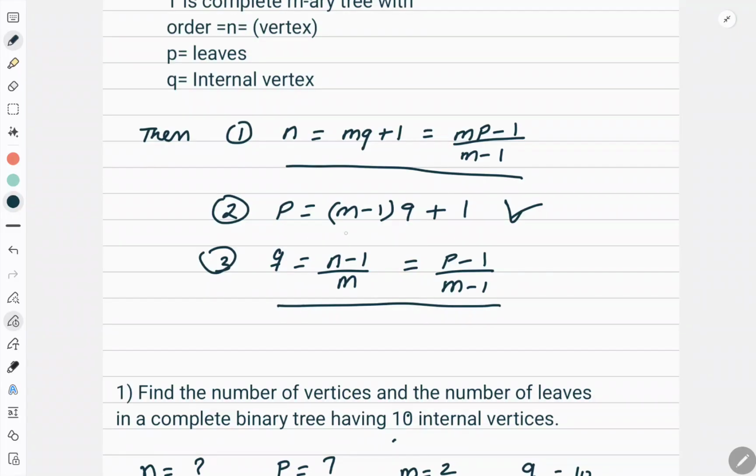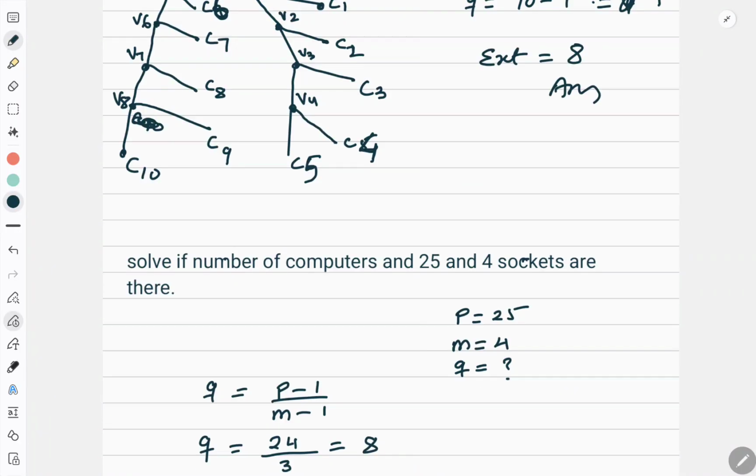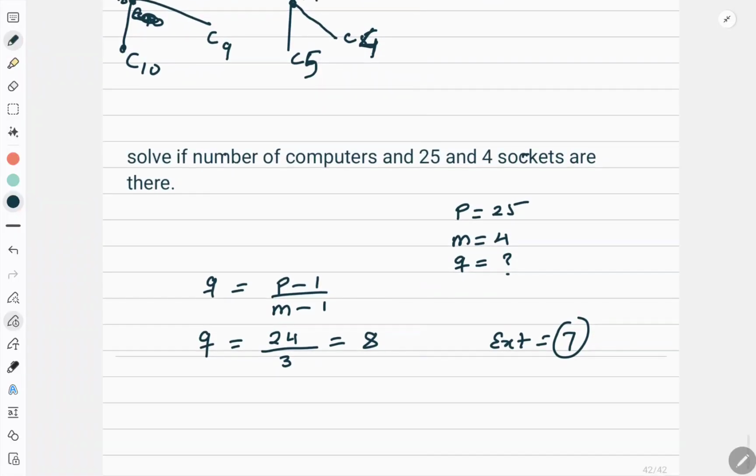I have P, I have M. And what exactly am I searching for? I am searching for the number of extensions, right? So see what is given: P is 25, M is 4 and Q is unknown. So apply this formula and you will get Q is equal to 8. But we know that Q includes the root also. So the number of extensions will be 7. So both the questions are very, very important.